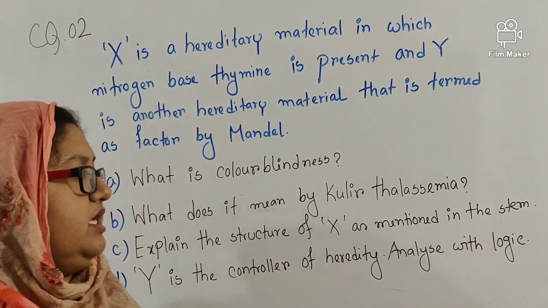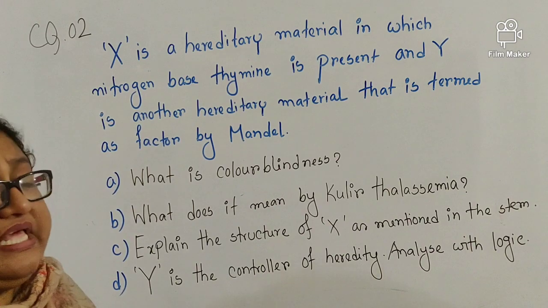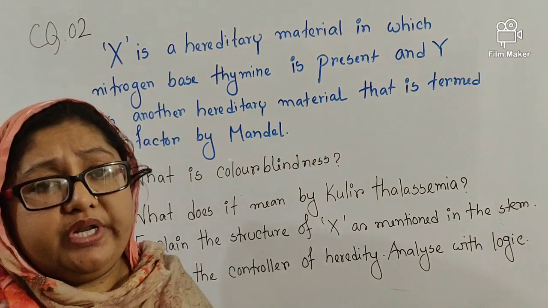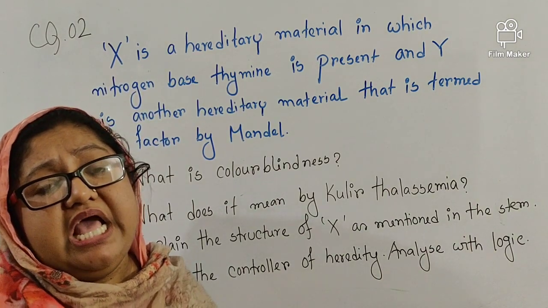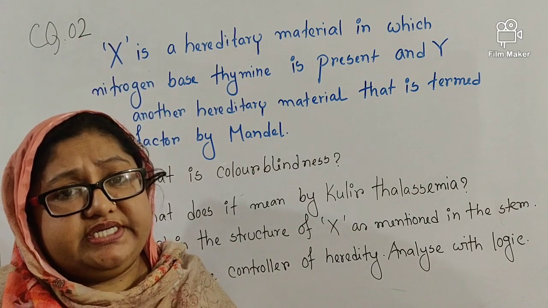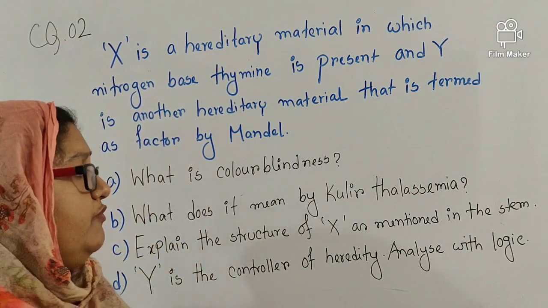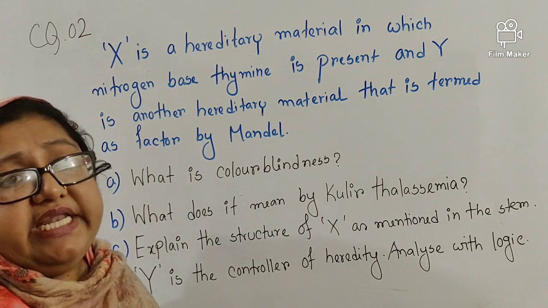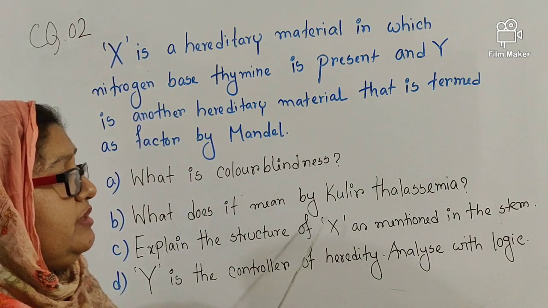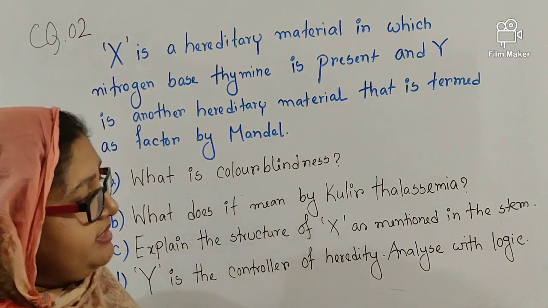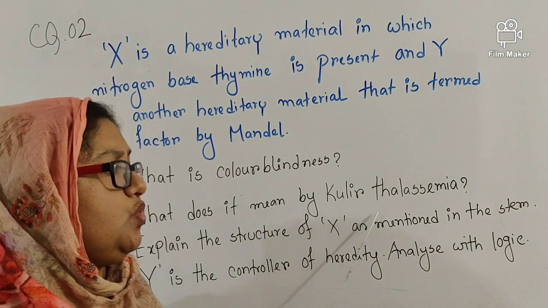If the beta globin protein becomes disintegrated due to defects or any diseases, that is called beta thalassemia. And another name of beta thalassemia is Cooley's thalassemia.